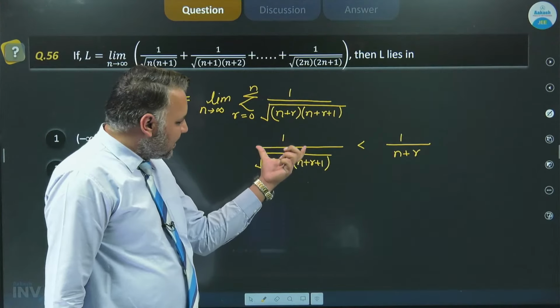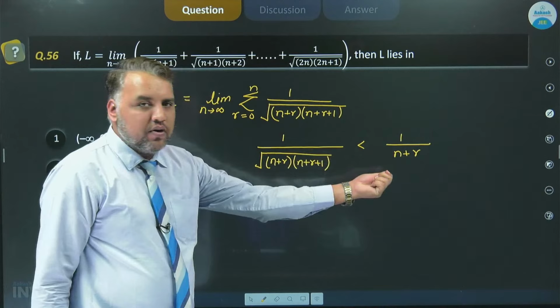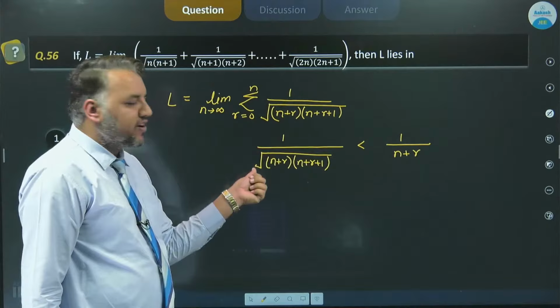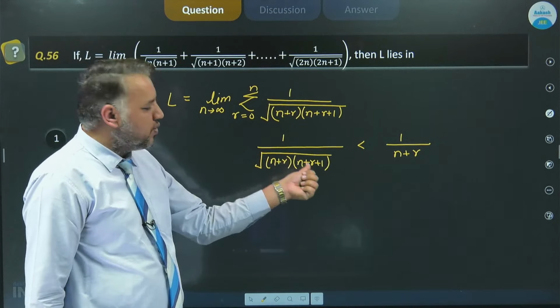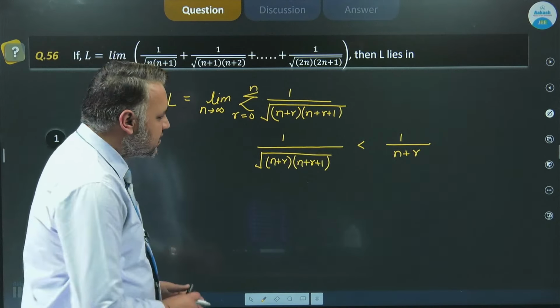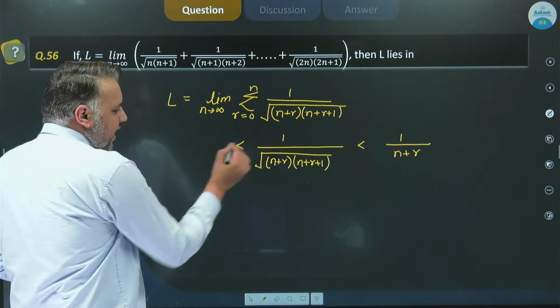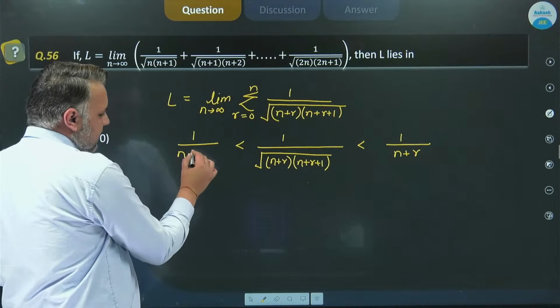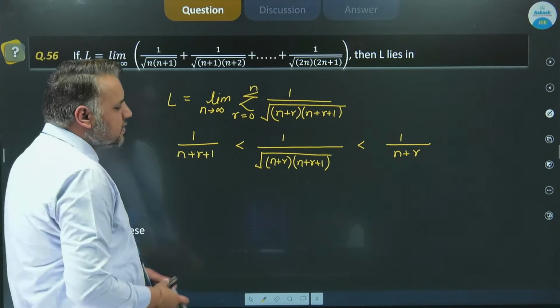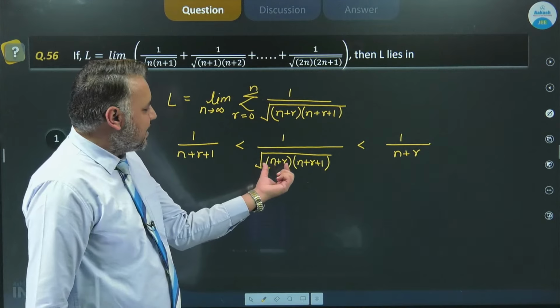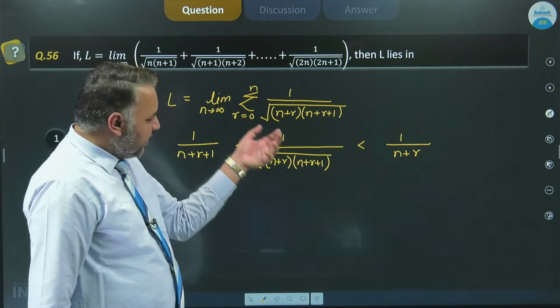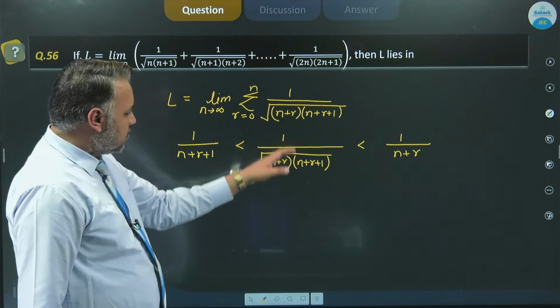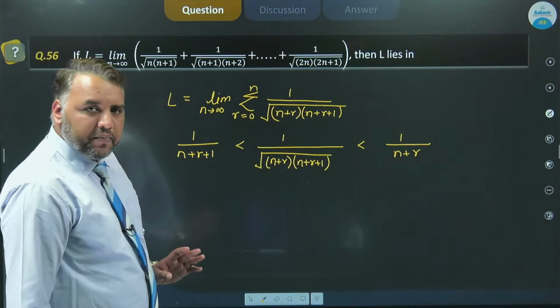So we can write that this quantity will be smaller than 1 upon n plus r, because after applying root on n plus r into n plus r, we'll get 1 upon n plus r. Similarly, we can write that this will be greater than 1 upon n plus r plus 1. Obviously, n plus r is smaller than n plus r plus 1, so if we compare in reciprocal, this quantity will be greater than 1 upon n plus r plus 1.